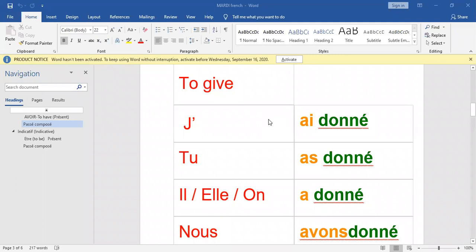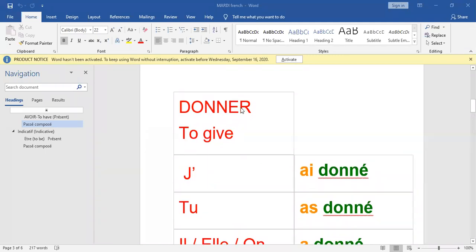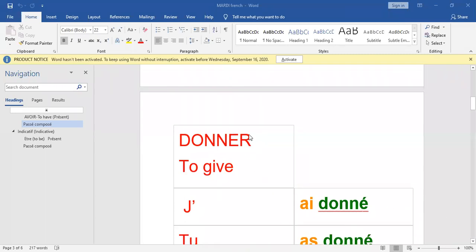And for all regular ER verbs, the past participle is: kindly remove the R. Then add accent aigu on top of E. This is what I mean by the accent aigu. This accent on top, the tone marking. This is accent aigu. You add it on top. This is the past participle.